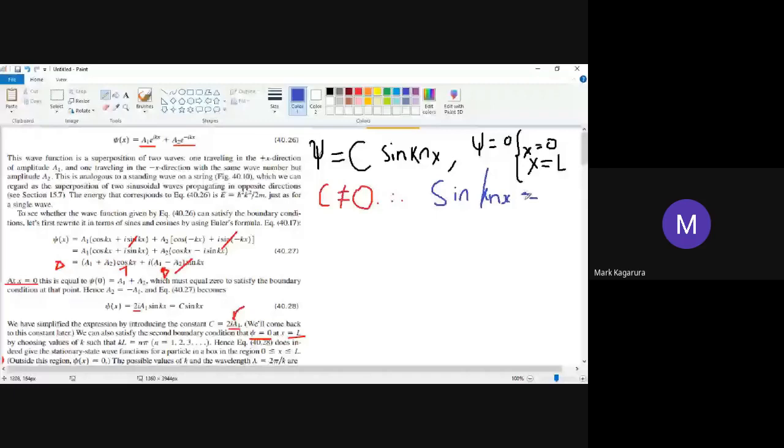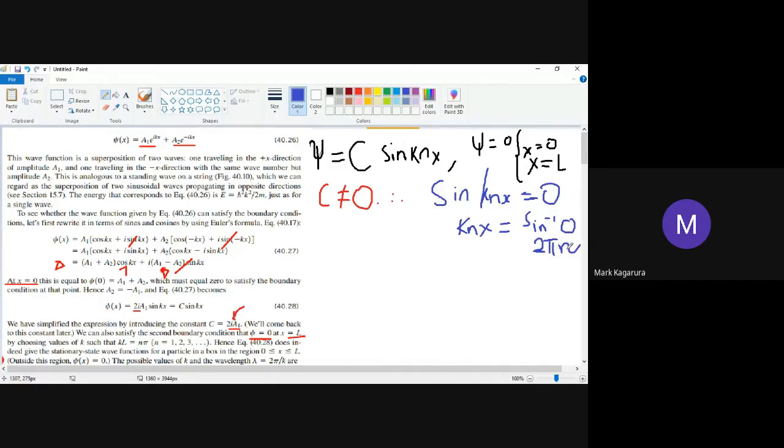And that means knx is equal to arc sine of 0. What's arc sine of 0? It's just 0 and then 2 pi. So it's multiples of 2 pi.